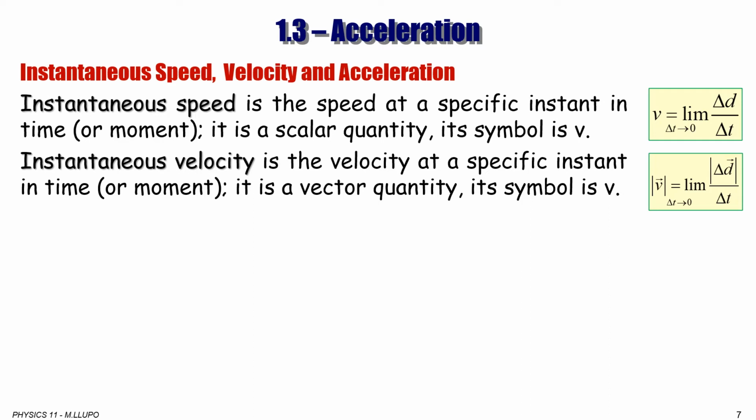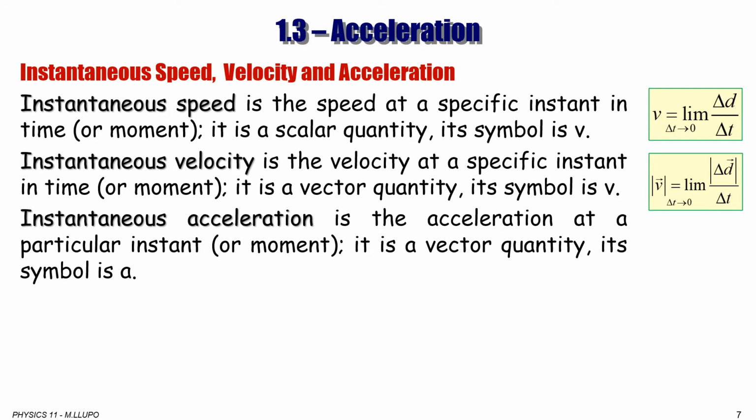That means for a very small interval of time, displacement over interval of time. And the same way we can calculate instantaneous acceleration, which is the acceleration at a particular instant or moment, which is a vector quantity like acceleration, and the symbol is a with an arrow on top.